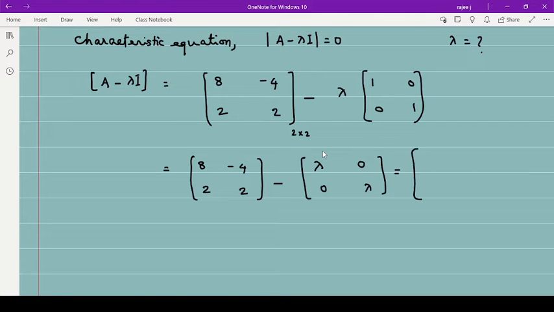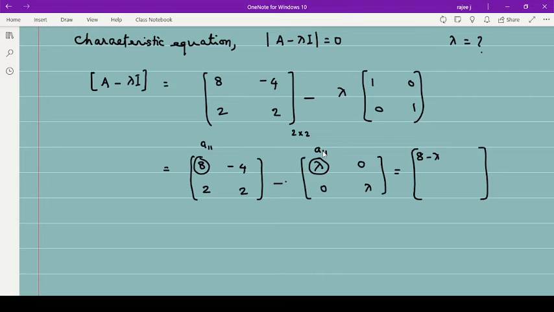When you subtract or add matrices, we work with similar terms. This is A11, first row first column of this matrix. Similar means elements which are at the same place, you will add or subtract them. Whatever the sign in the middle, you put that sign between 8 and lambda.